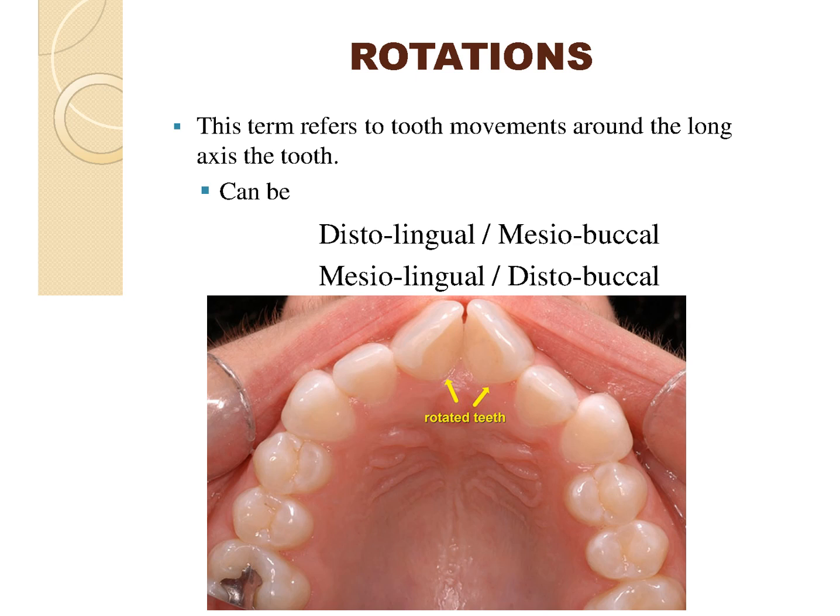If I say the tooth is rotated, that means it is either mesiolabially or mesiobuccal, or distolingual. This is the mesial side of the tooth, and it is out, so it can be mesiobuccal or it can be distolingual. That's how you can write.